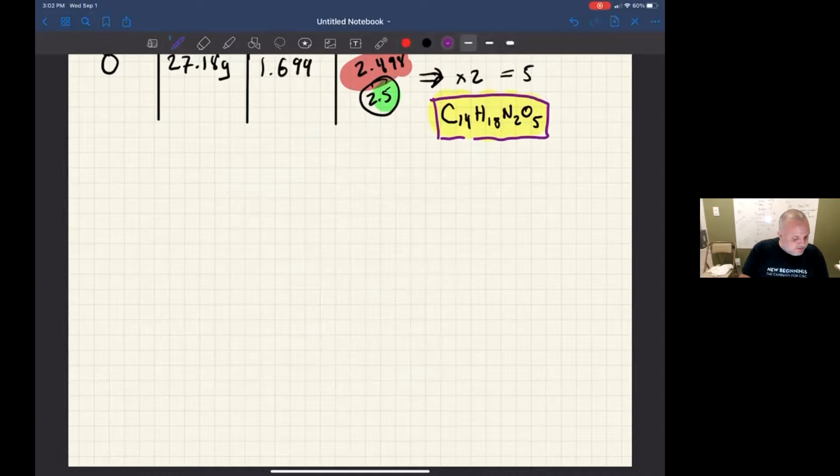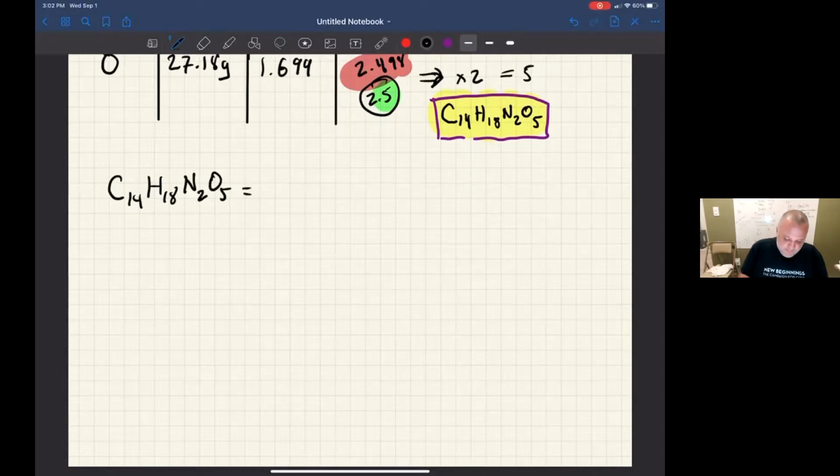So let's calculate the molar mass of C14H18N2O5.